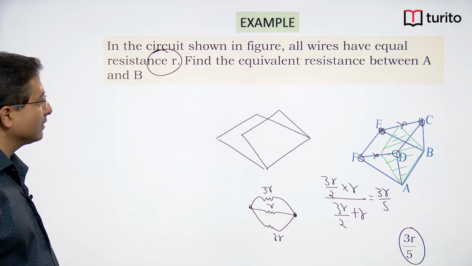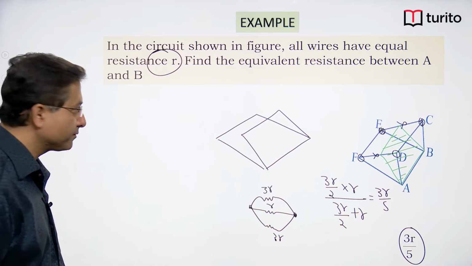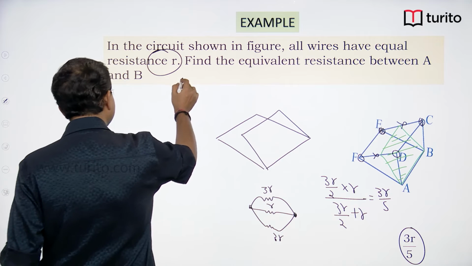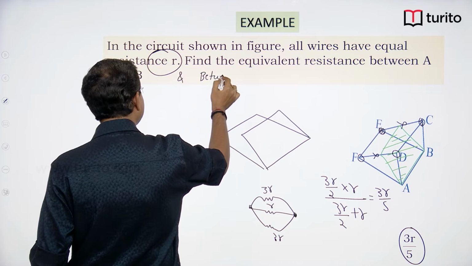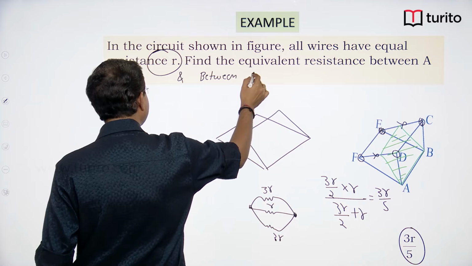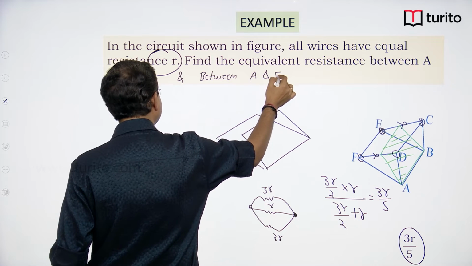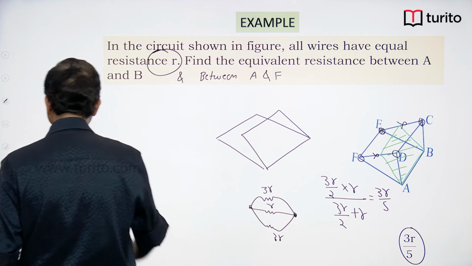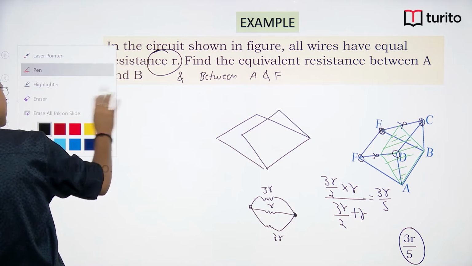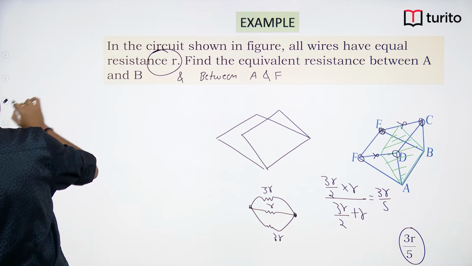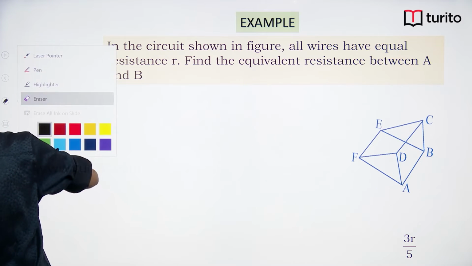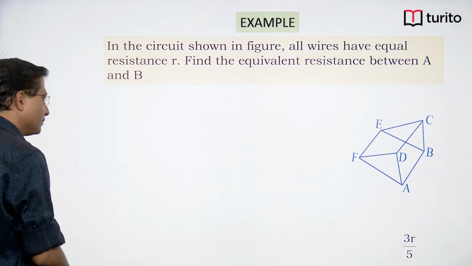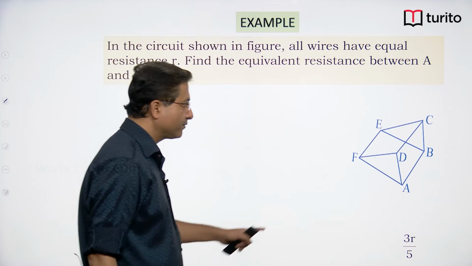AB over, if I ask AF, so I am adding one more question between A and F. So I will erase all. AF.